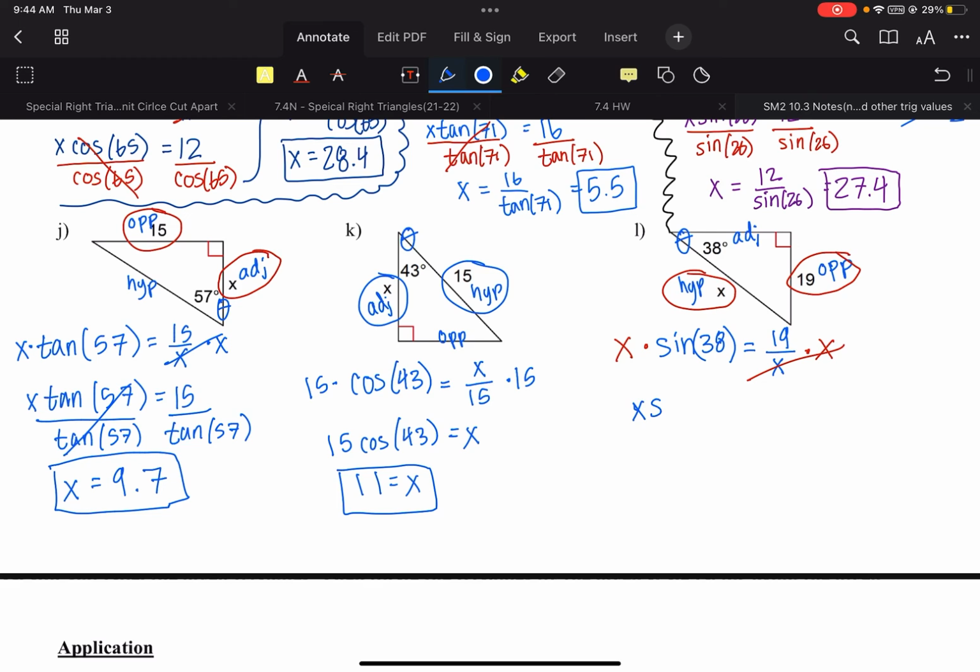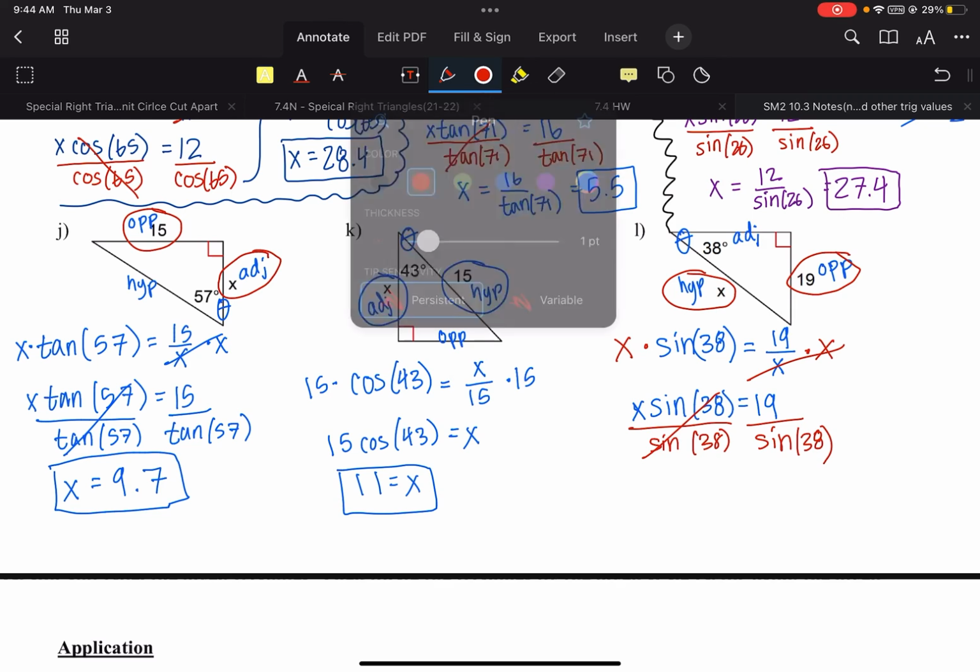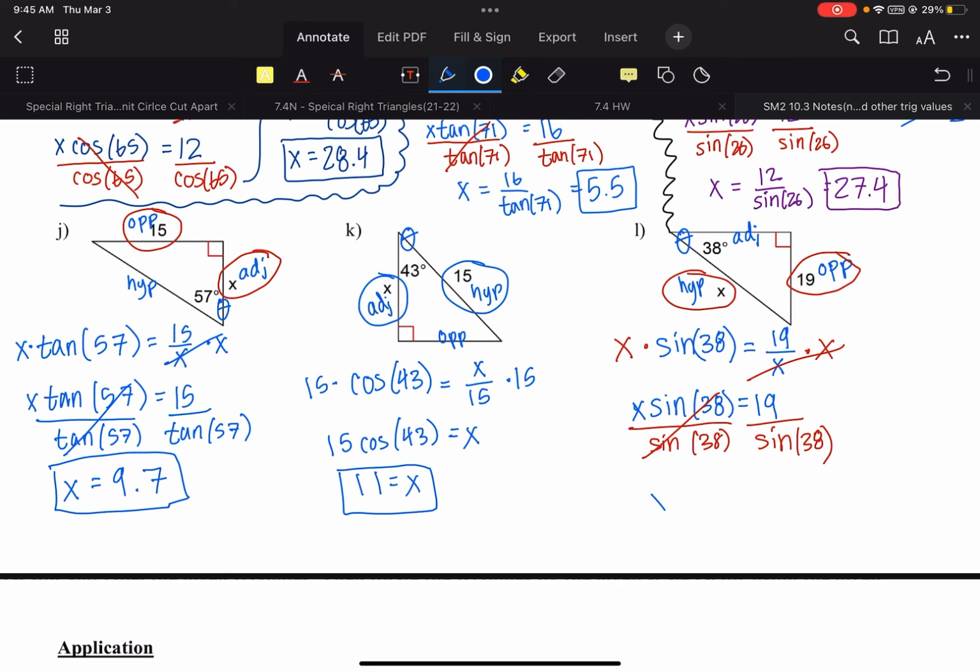So I have x sine of 38 is equal to 19. The x is not by itself, so I do need to do another step here. Divide it by the sine of 38. So x is equal to 19 over the sine of 38. Punch that into my calculator, and I am going to get 30.9.